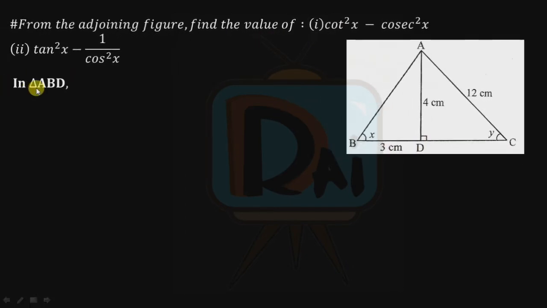So in triangle ABD, by Pythagoras theorem, which says that hypotenuse square is equal to perpendicular square plus base square. Here the hypotenuse is AB, the perpendicular is AD and the base is BD. Hypotenuse is opposite of 90 degrees. Perpendicular is opposite to an angle.